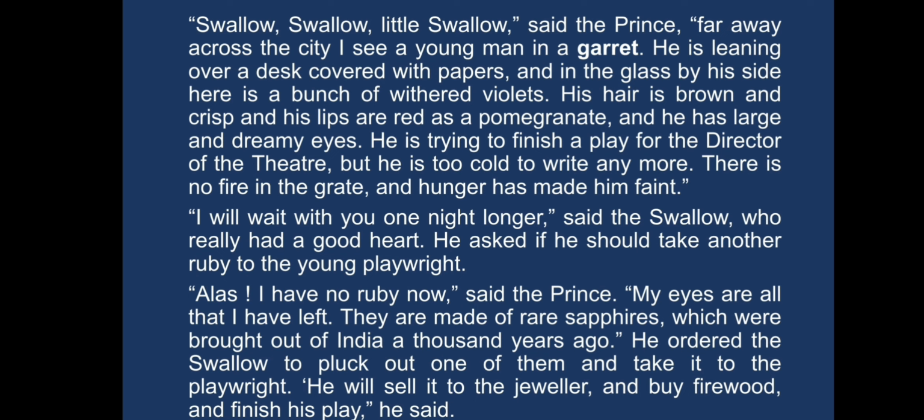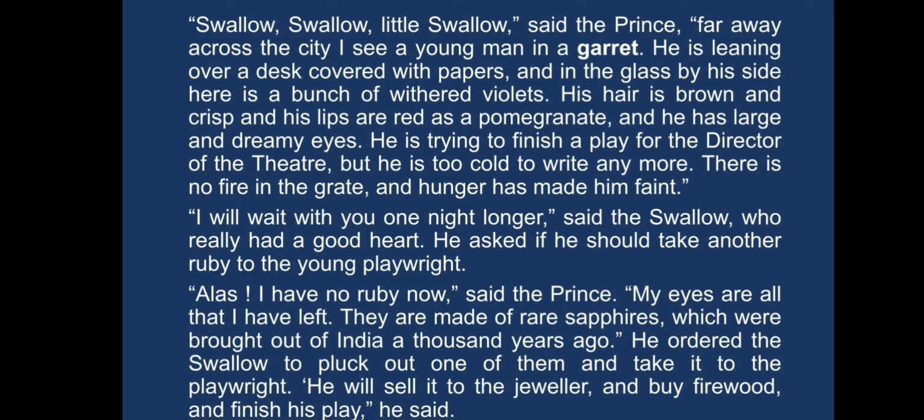The Happy Prince said that now he had his eyes, which were made of very precious and rare sapphires, stones which had been brought thousands of years ago from India. So the Happy Prince told the Swallow to take out one sapphire and give it to the boy.